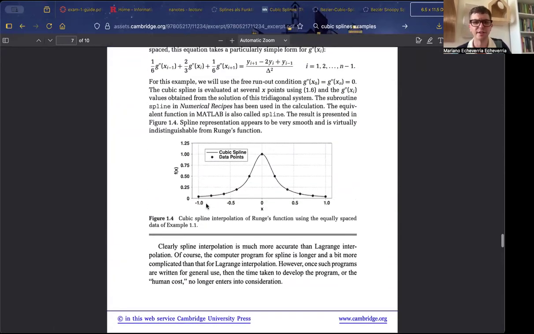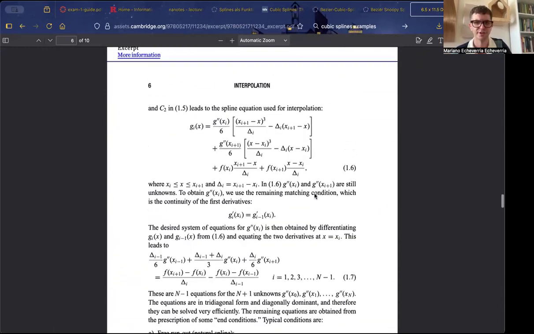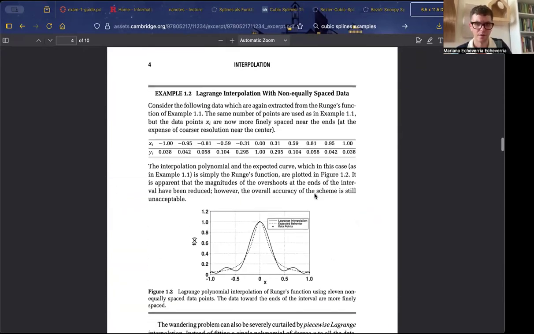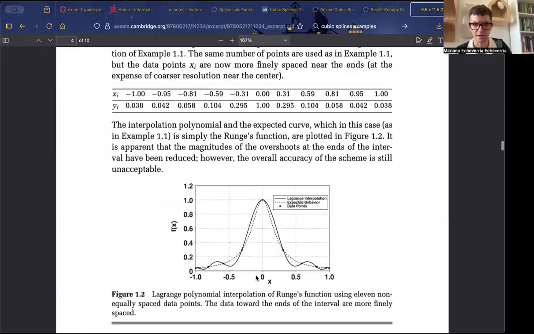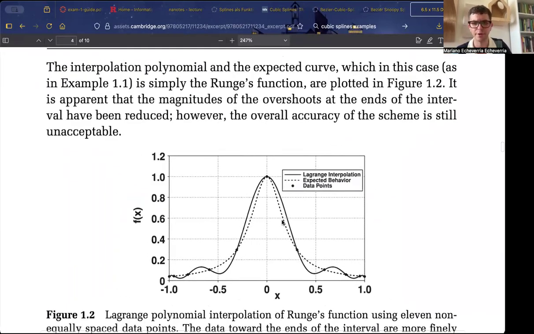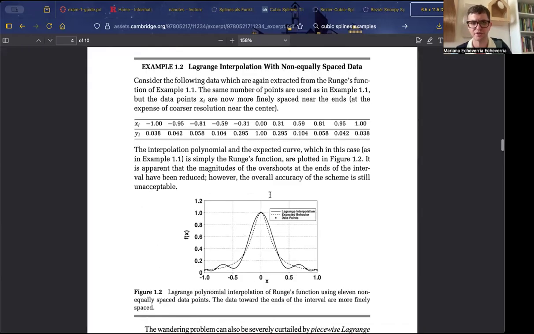So here are examples for this Runge function, or a variation of that. It would look like this with splines versus how it would look with Lagrange interpolation, and you see it wiggles more if you use Lagrange interpolation.